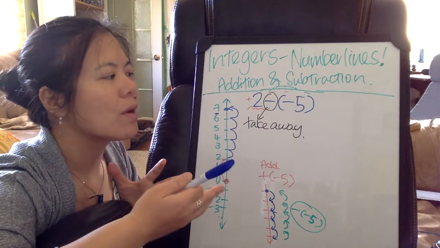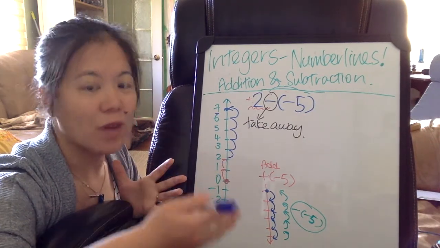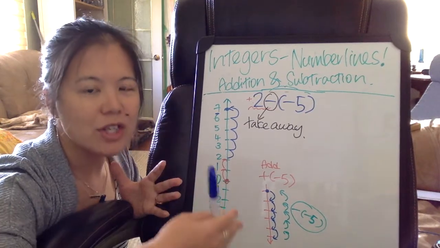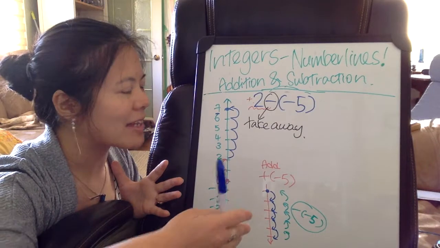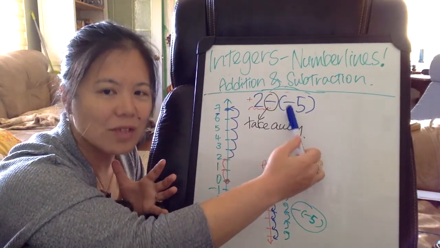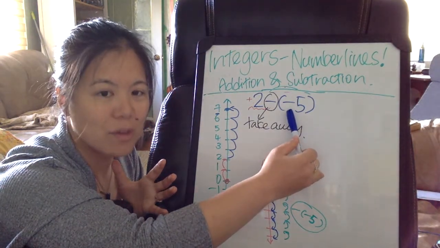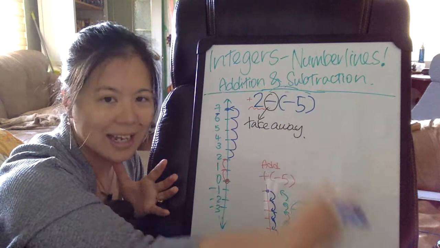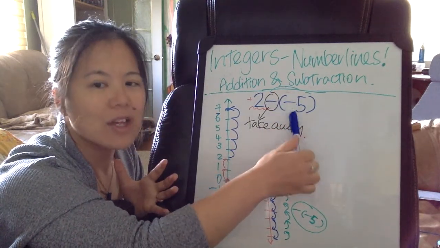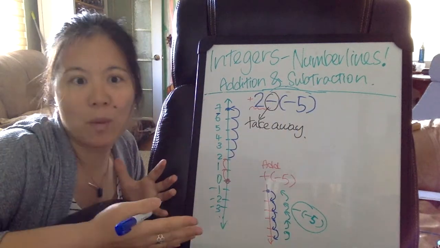So 2 minus -5. That means first, okay, you started out at 0, you earned $2, and you're taking away your debt. You're taking away your debt by $5. So that means you are adding $5 because you're taking away your debt, right? So that's one way to think about it.